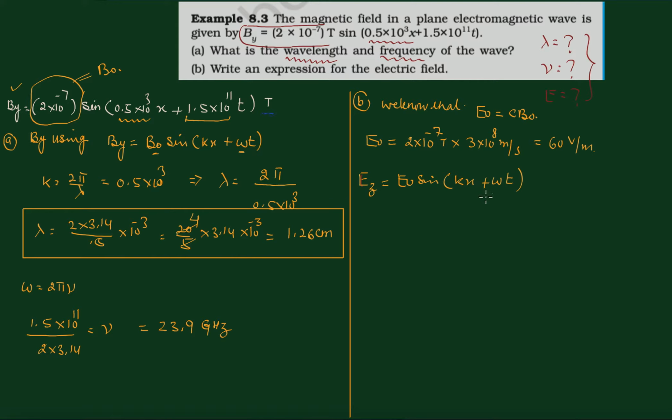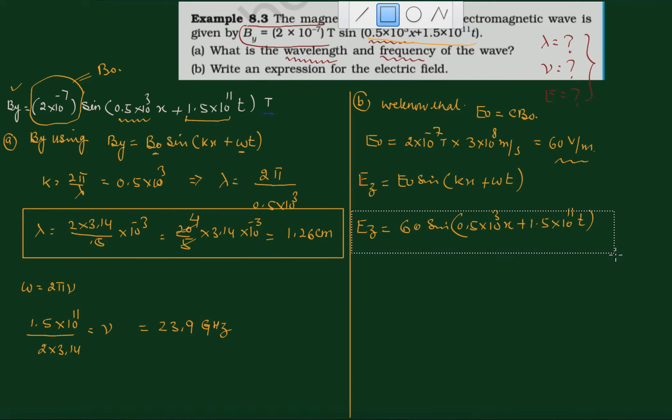So you can write this as Ez is equal to 60, E0 is 60, and then sin of this part will remain the same: 0.5 cross 10 to the power 3 x plus 1.5 cross 10 to the power 11 t.